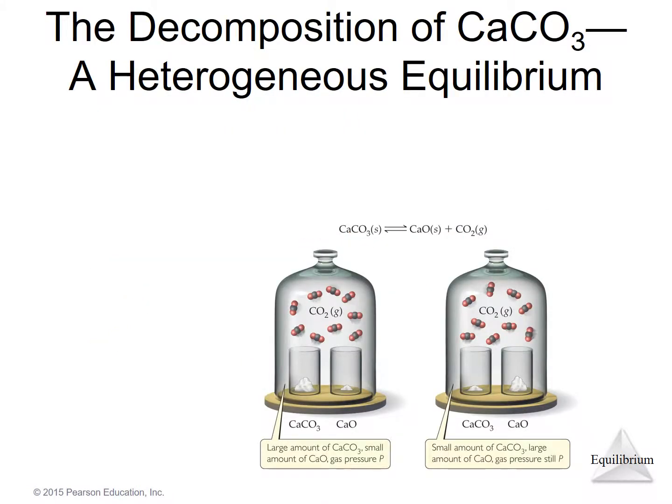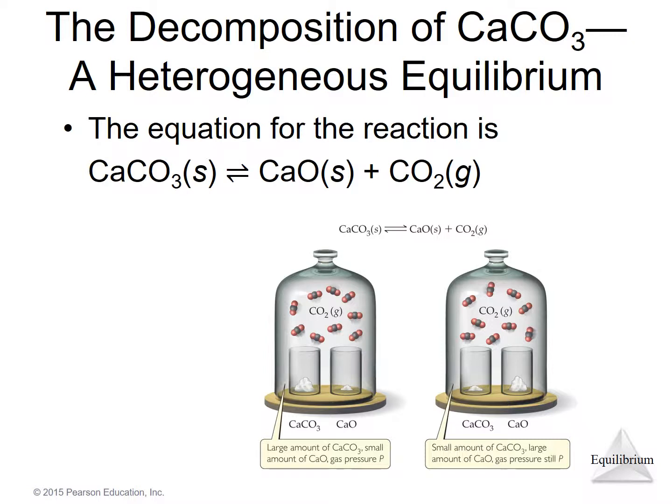Here's another example, decomposition of calcium carbonate, which is a heterogeneous equilibrium. So if I have calcium carbonate and I heat it to a very high temperature, some of it decomposes into calcium oxide, solid, and carbon dioxide gas.